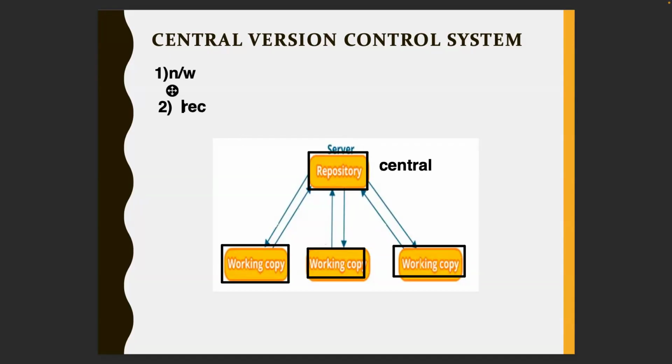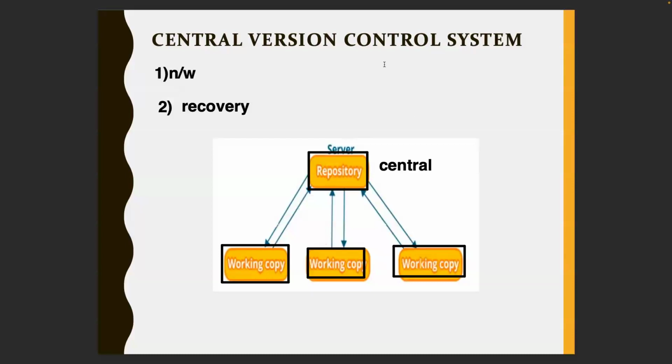So chances of recovery are also less. What I mean is if central server is gone, there is no backup kind of. It works like a single source of truth. So chances of recovery are also less. These are the two drawbacks or challenges with centralized version control systems.